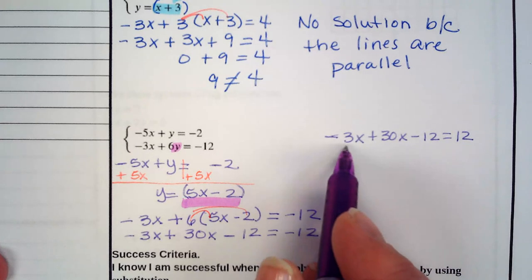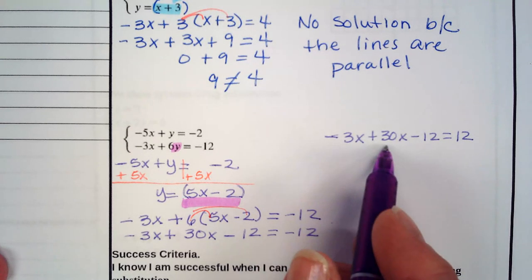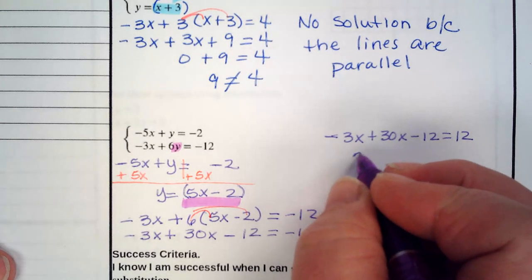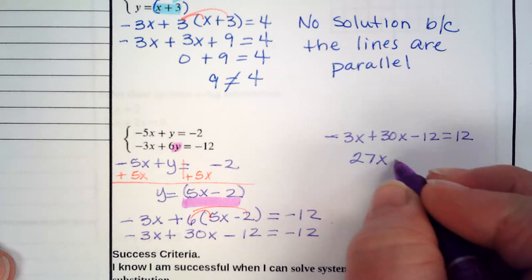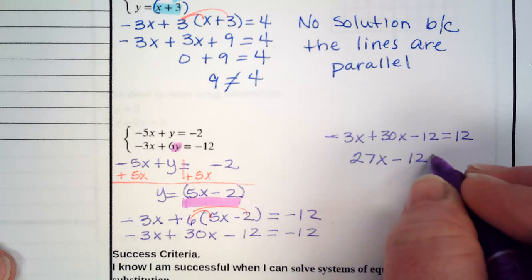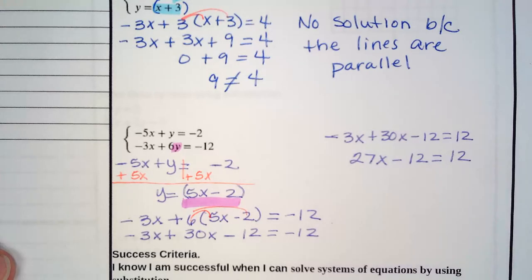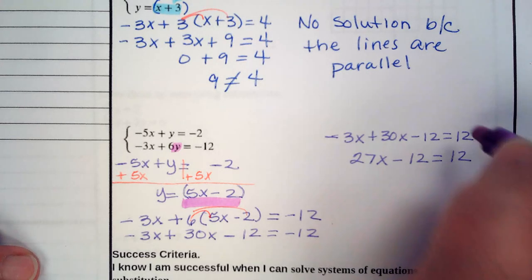Okay, negative 3x plus 30x is 27x minus 12 is equal to negative 12.